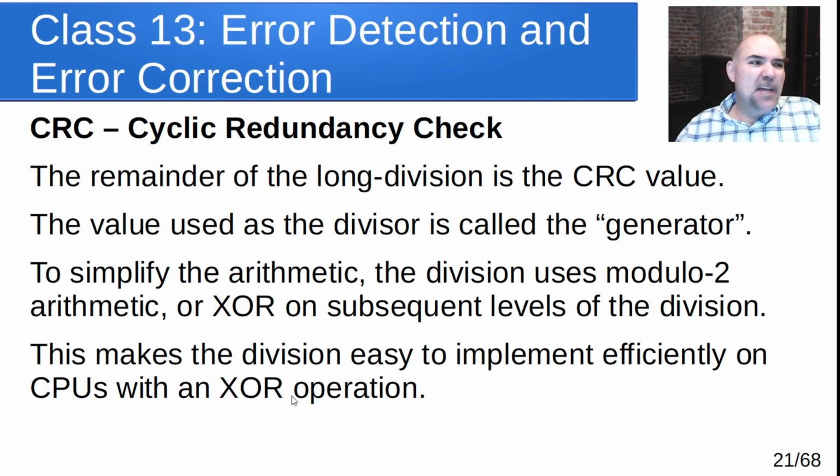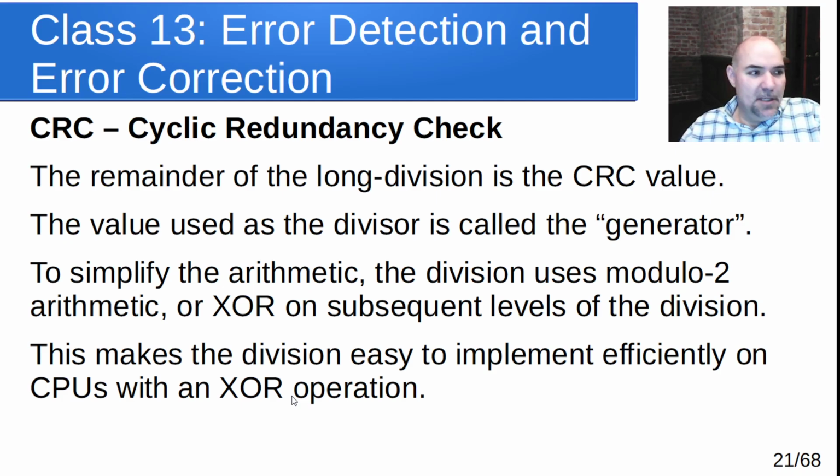Now, it's not quite a full division in the sense of it being an arithmetic division. To simplify it, we use what's called modulo 2 arithmetic. And what modulo 2 arithmetic does is basically have no borrows and no carries. Because of that, we can implement it using just the XOR operation.